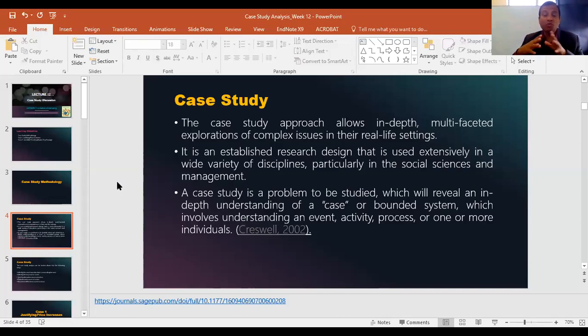So in a case study, who are the actors, who are the protagonists, who are the members, who are the stakeholders. Considering every event, activity, process, and individuals or groups of individuals or organizations, everything taken into consideration, understanding all things together. But what is very important here is the bounded system.